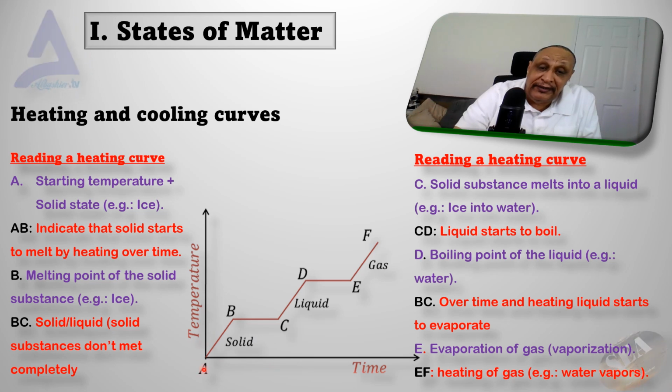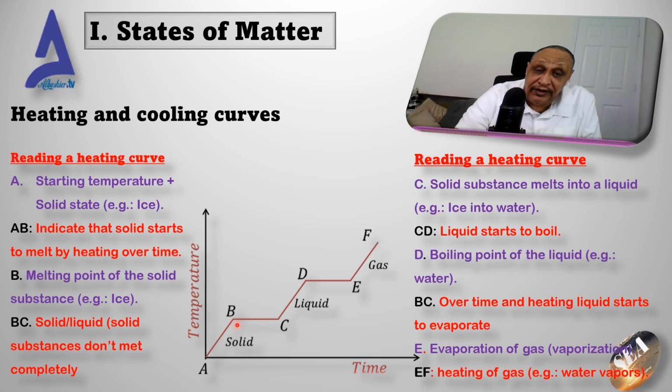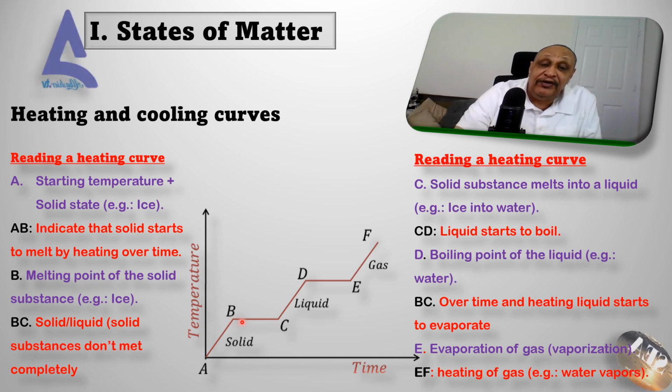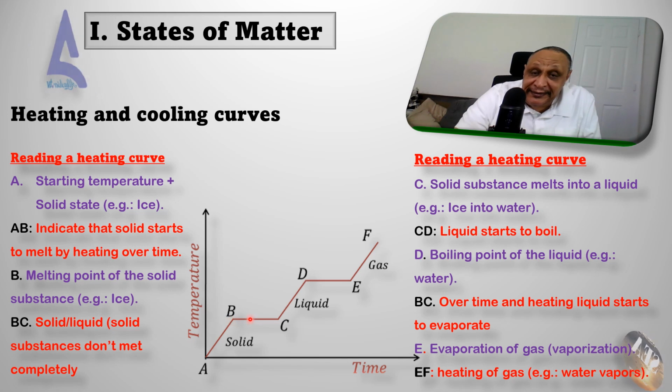So this solid is going to be heated till it reaches its melting point, or melting temperature, at B. Then it starts to melt. And then whenever you increase the temperature, nothing happens here, because at this plateau, the temperature is going to stop.